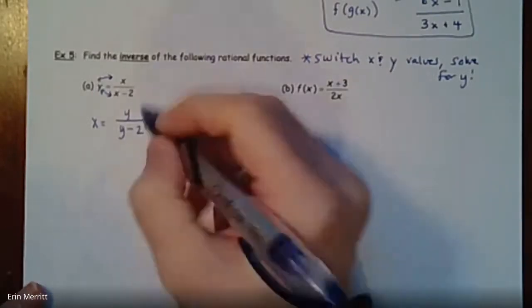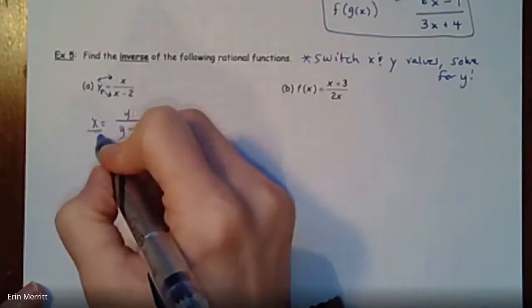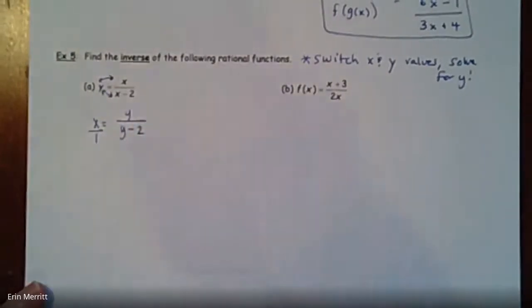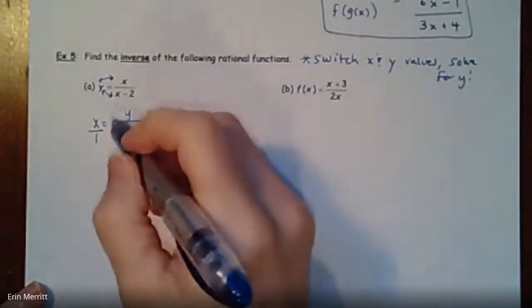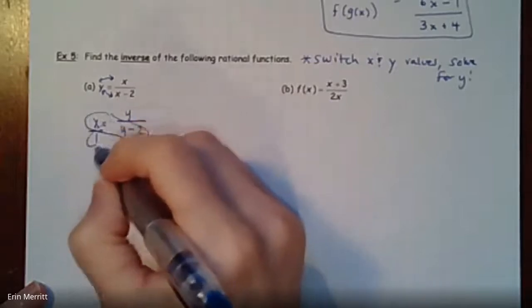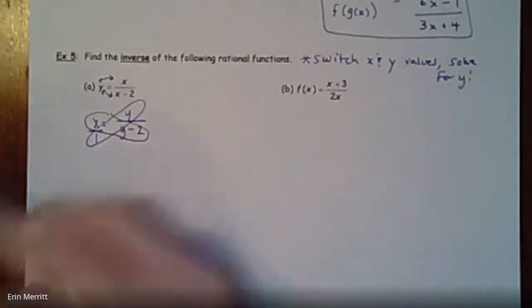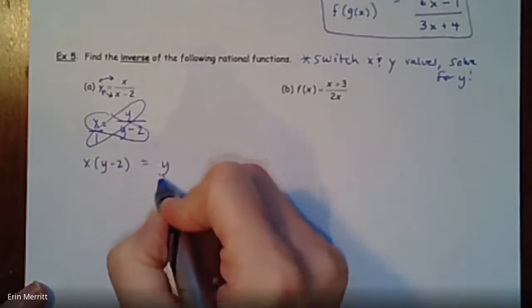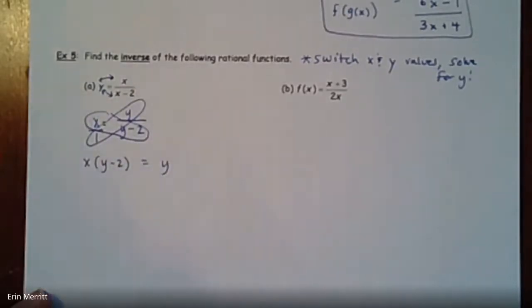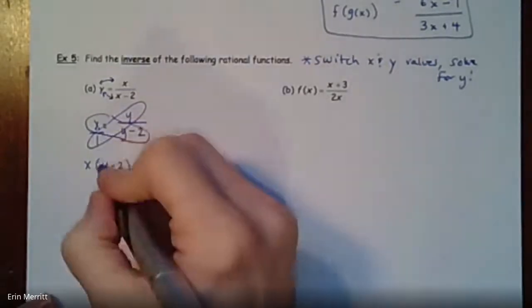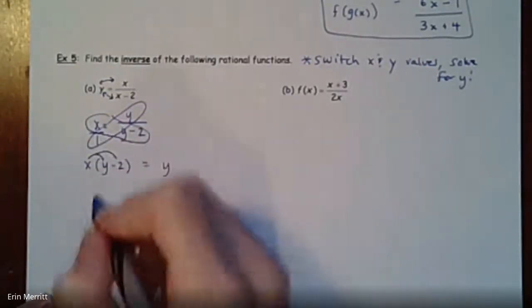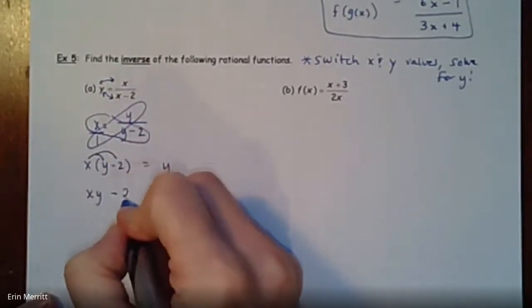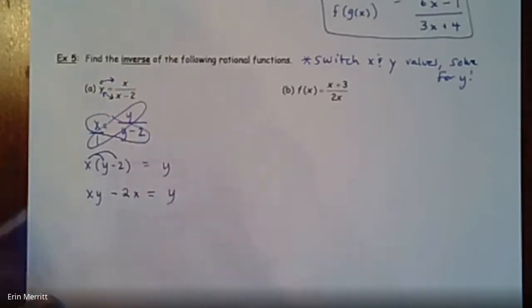From here, you can multiply this y minus 2 over, or you can think of it as throwing it over 1 and cross multiplying, whichever way seems to make the most sense to you. All right, when we do that, I'm going to end up with x times y minus 2, and then plain old y over here. What I want you to do, distribute that x. So we get xy minus 2x and then equals y.